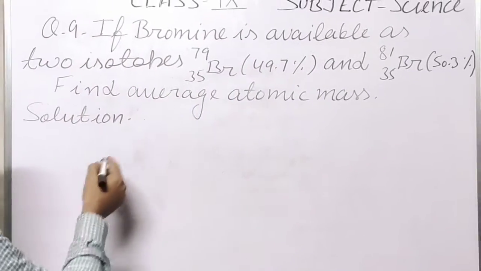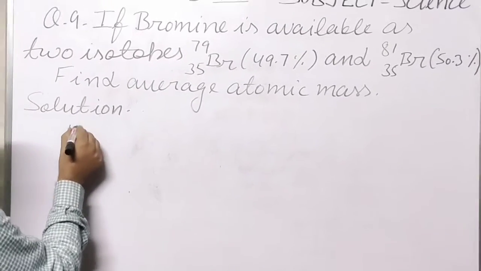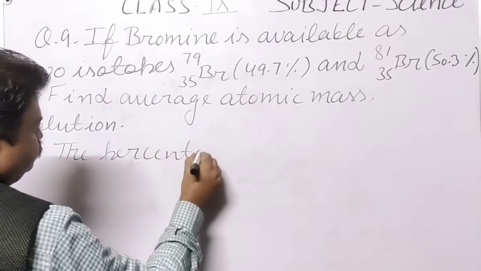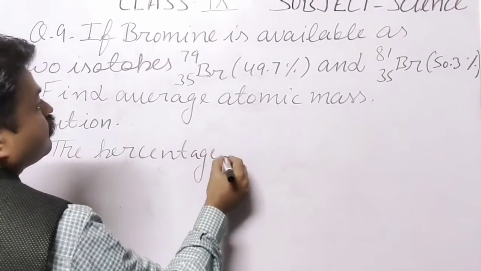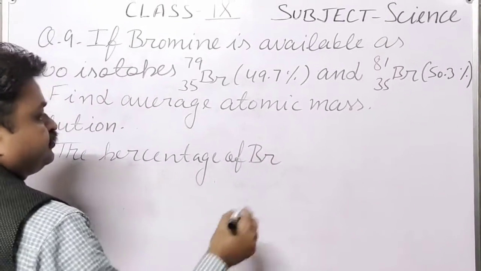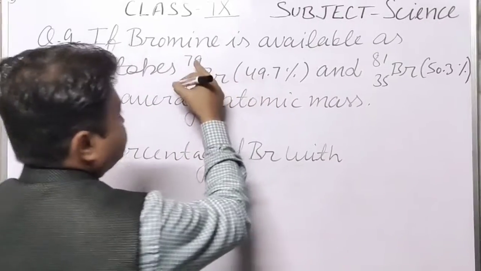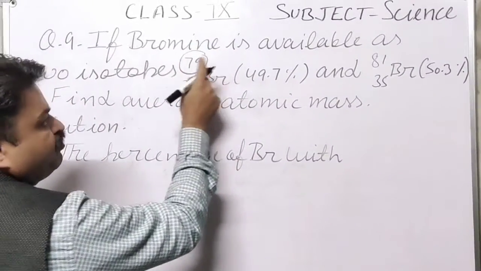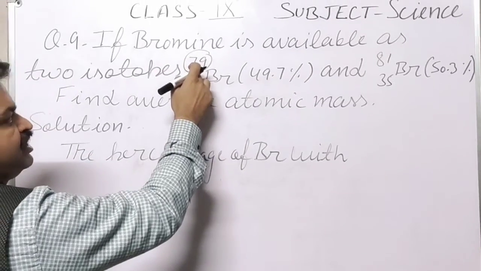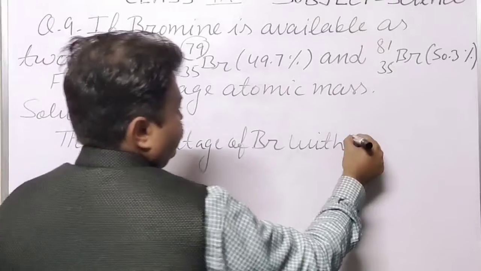First we will write the percentage of bromine with mass number 79. So with the help of this we can know the mass number, students, because here the mass number is 79 in this isotope.